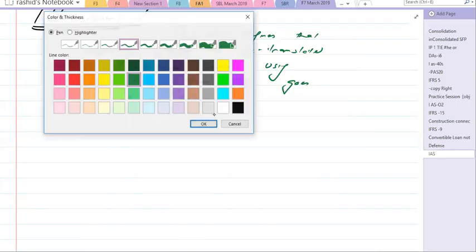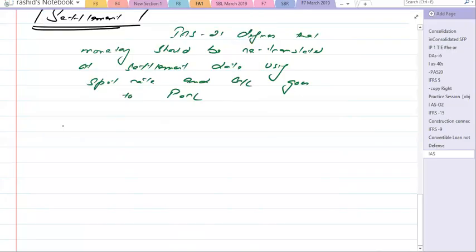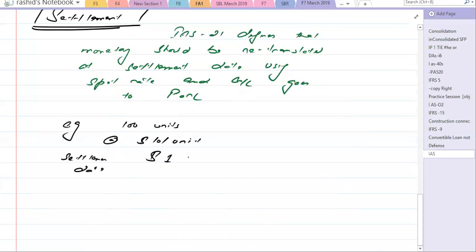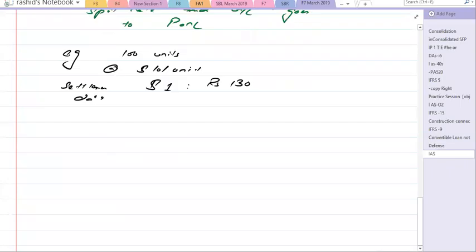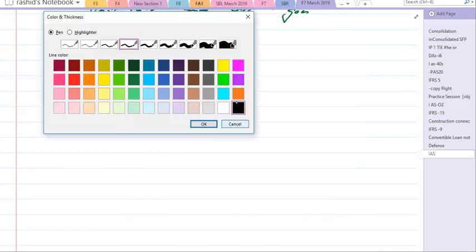Now for example, again those 100 units were bought at the rate of $10 per unit, and now at the settlement date $1 equals rupees 130. Okay, so now you are paying for those balances.